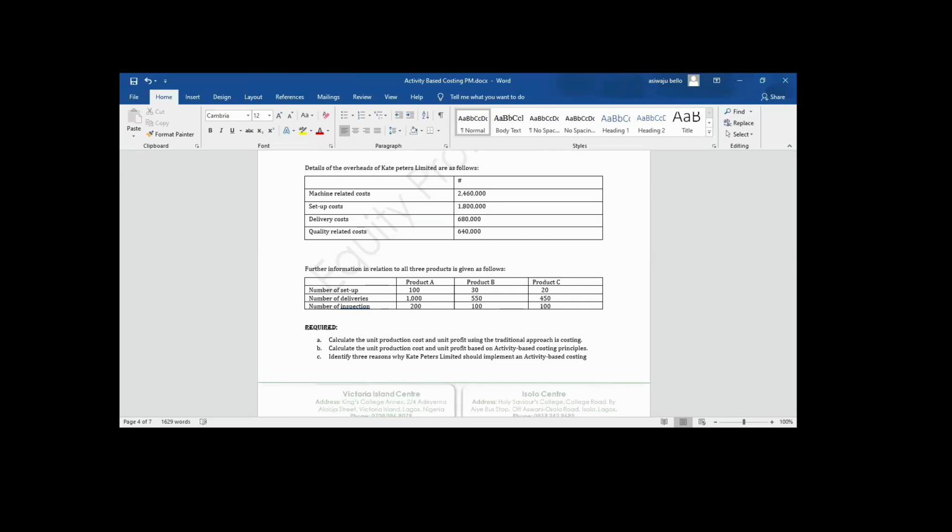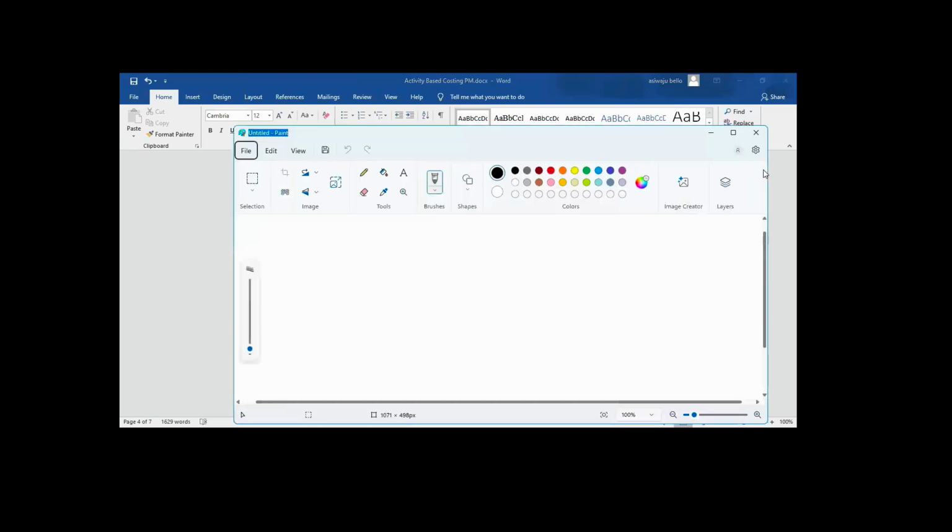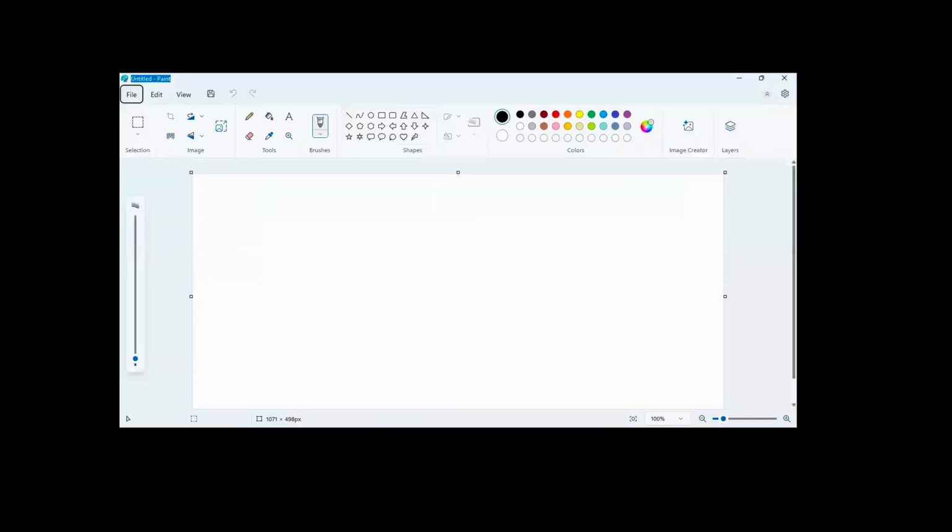We'll move to our page 3. You can see the whiteboard being shared. Yes, sir.